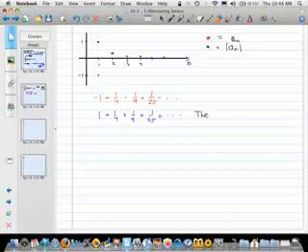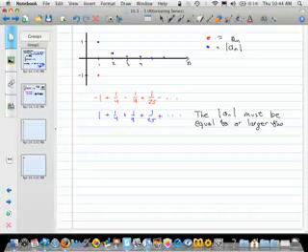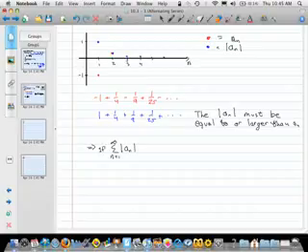So this is like a comparison test. The absolute value of a sub n must be equal to or larger than a sub n, and therefore if the sum from n equals 1 to infinity of the absolute value of a sub n converges, then the one without the absolute value converges.